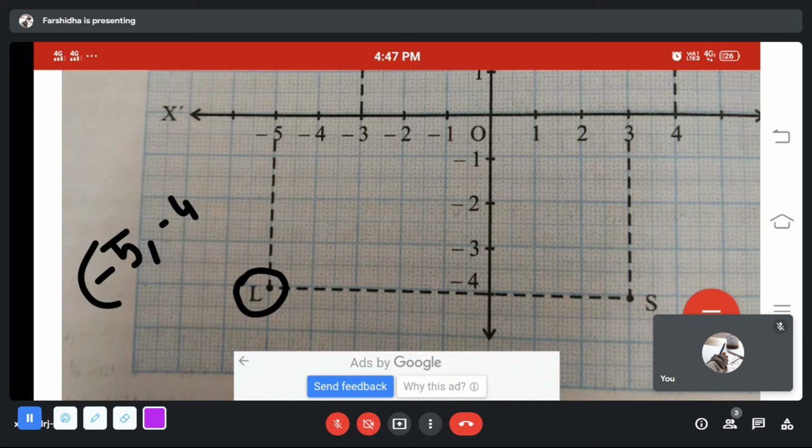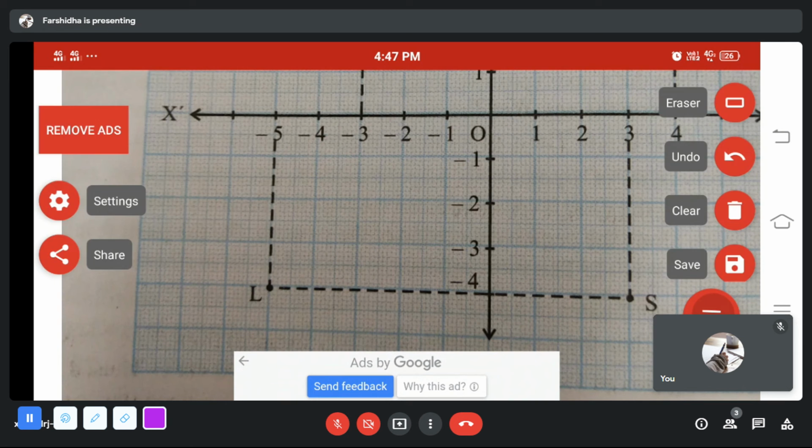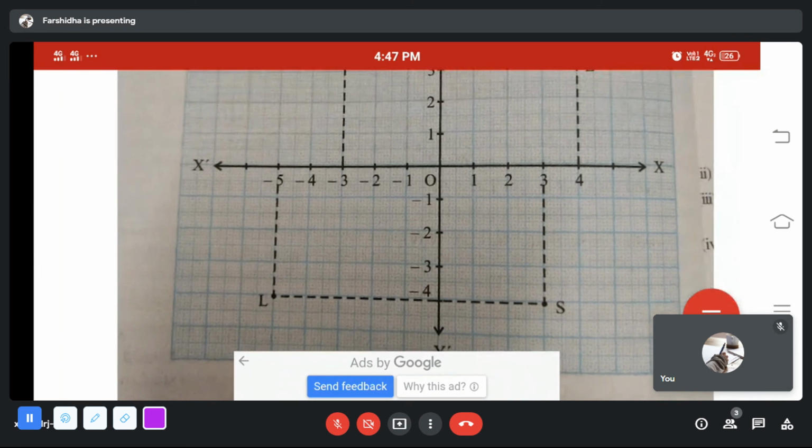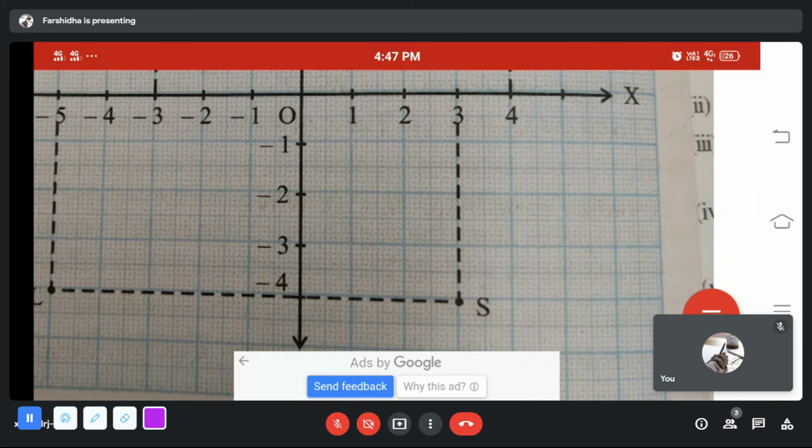So abscissa is minus 5. Ordinate is minus 4. Fourth one. The x coordinate is 3. Y coordinate is minus 4. Yes, 3 and minus 4. So you know how to do this one.